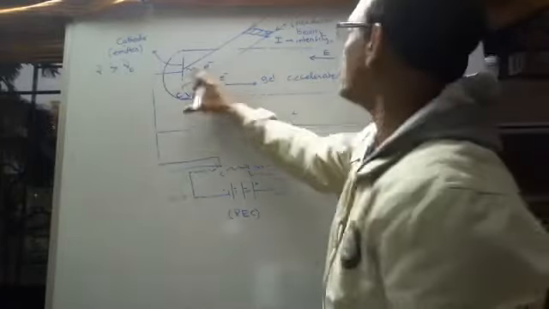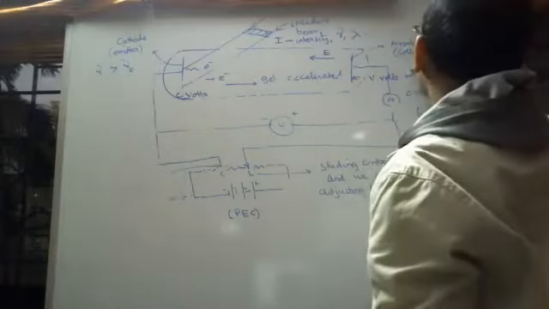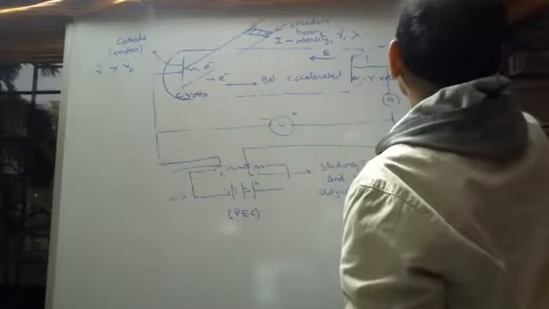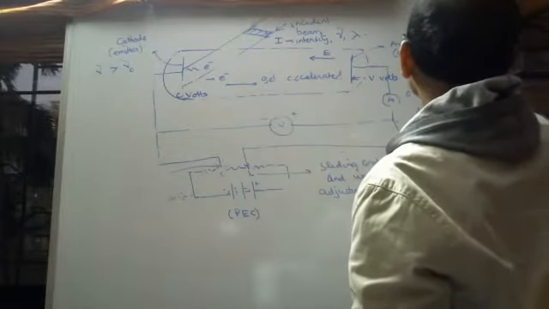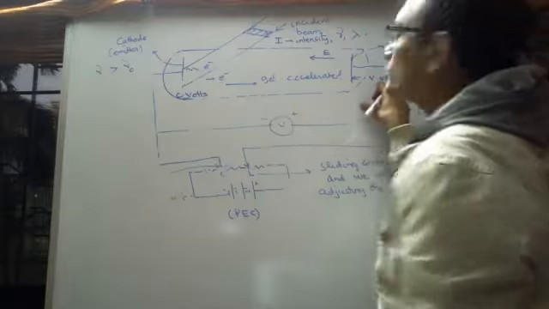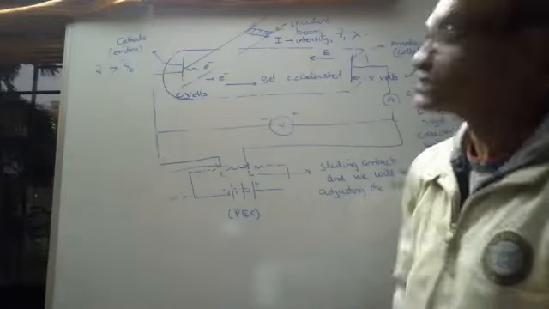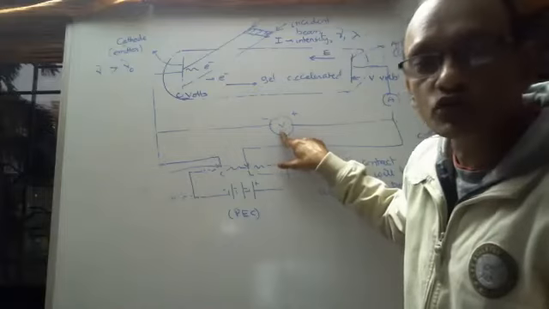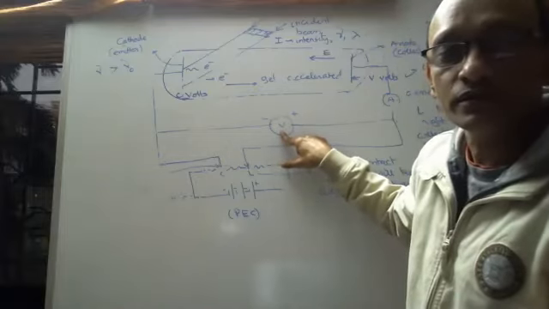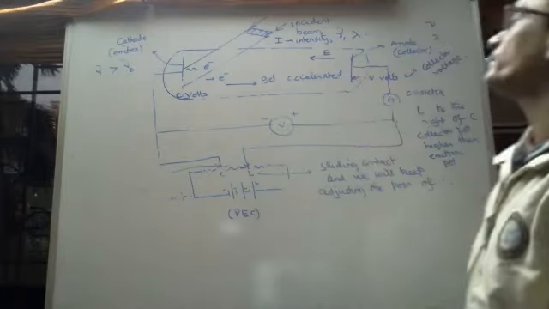I can call this 0 volts, so this will be V volts. This is the collector voltage with respect to the emitter voltage. This V volts will be the reading of the voltmeter. Right? Collector voltage.